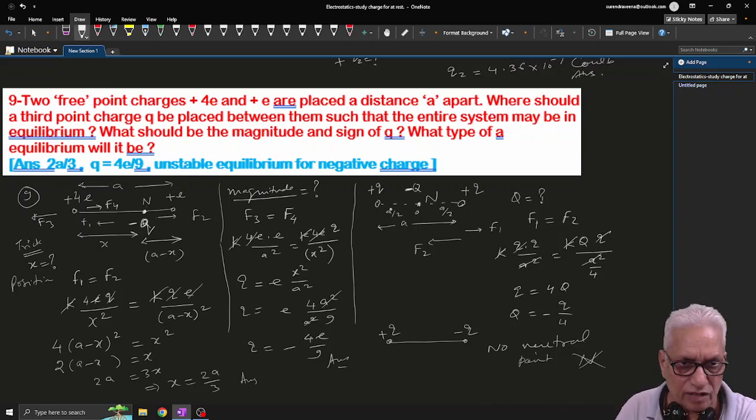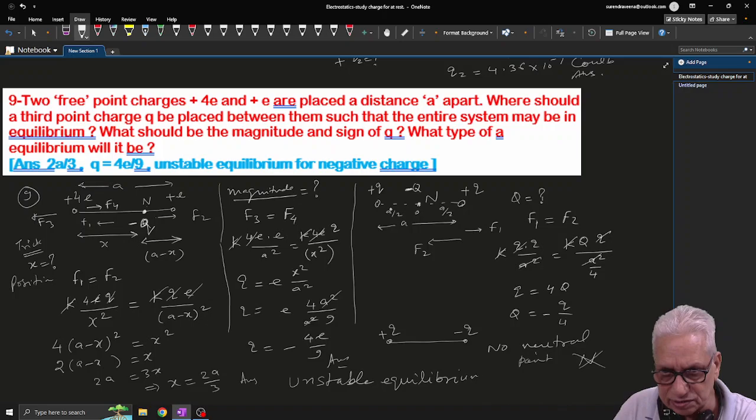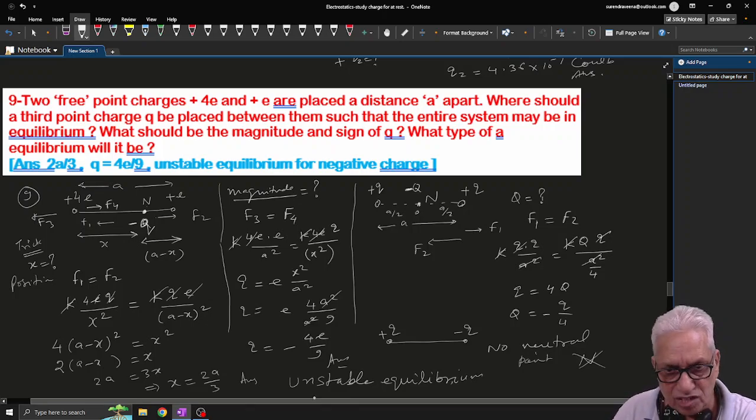Similarly, if it shifts towards left a little bit, this charge's attraction is more than this, so it will hit 4e. Means stability is disturbed. So this is unstable equilibrium. The difference between stable and unstable equilibrium: if it is disturbed by disturbing, it is called unstable. If it is not disturbed at all, it is called stable equilibrium.